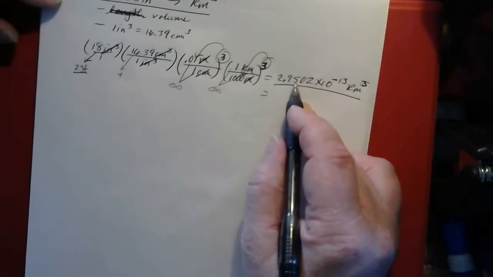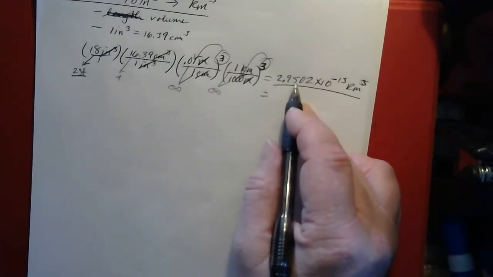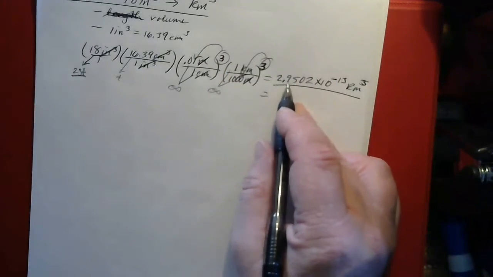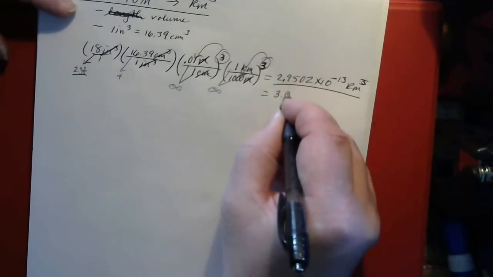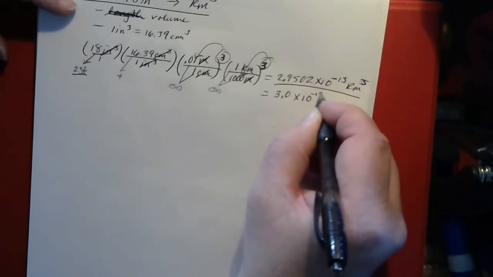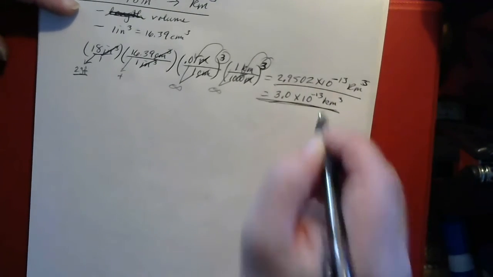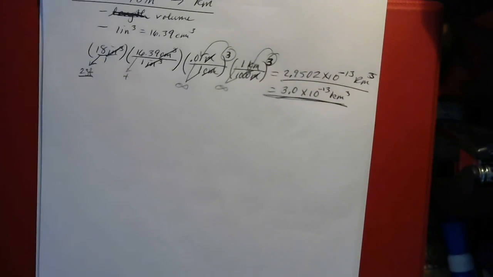But the first number we're dropping is a 5. That means the number before it has to go up by 1, but that has a knock-on effect of raising the number before that. So 2.95, blah, blah, blah, actually rounds off to 3.0 in 2 significant figures. So 3.0 times 10 to the minus 13 cubic kilometers.